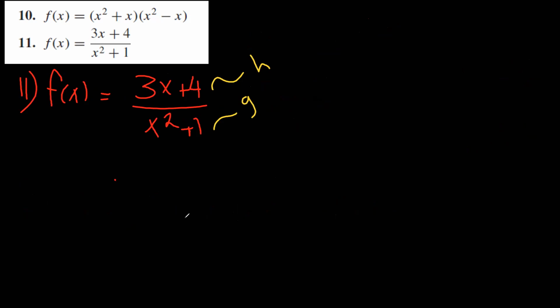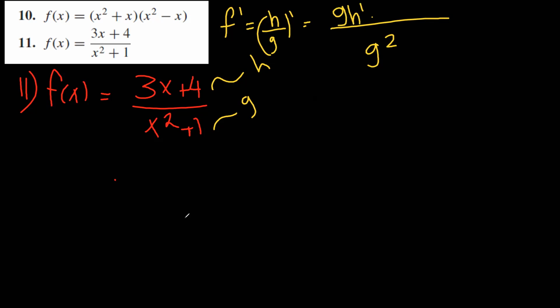Then we will say now that f prime, which is the derivative of h over g, is g times h prime minus h times g prime, all over g squared. This is a formula we called the quotient rule, that I used to find the derivative of two functions that are divided.